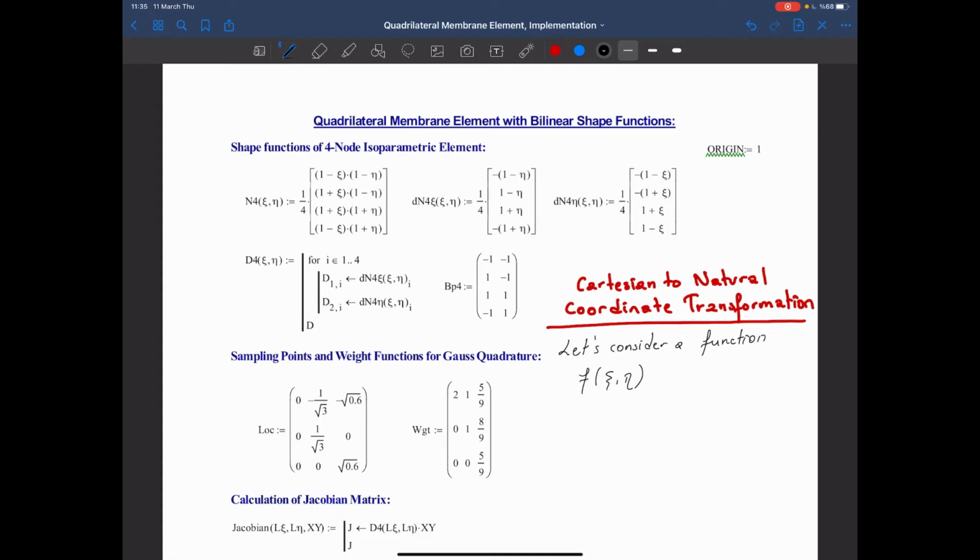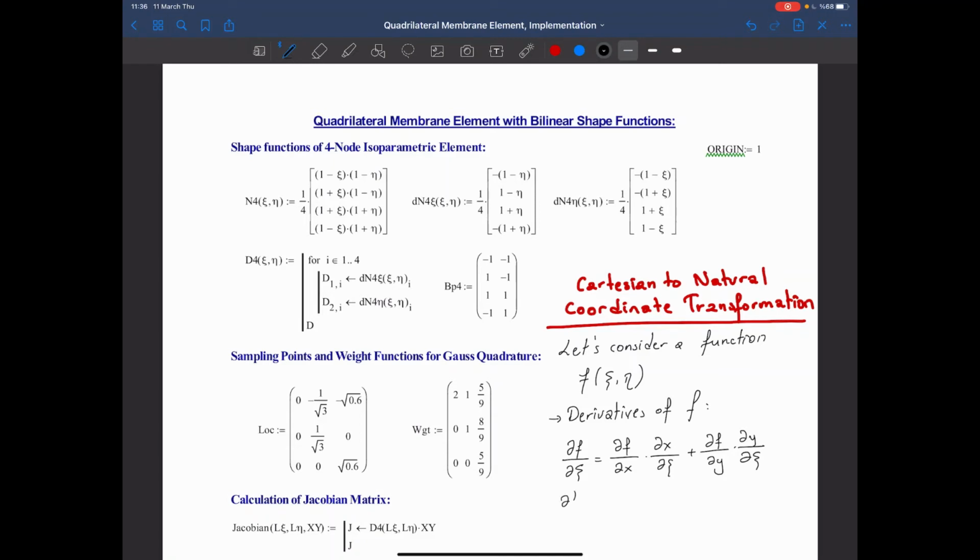Okay, so I can write the derivatives of this f with respect to psi and nu as follows. Here I'll be using the chain rule, so del f over del psi is equal to del f over del x multiplied by del x over del psi plus del f over del y multiplied by del y over del psi.